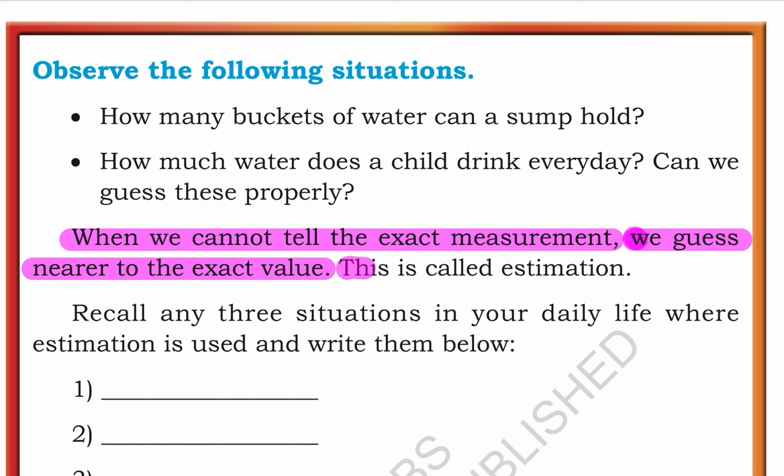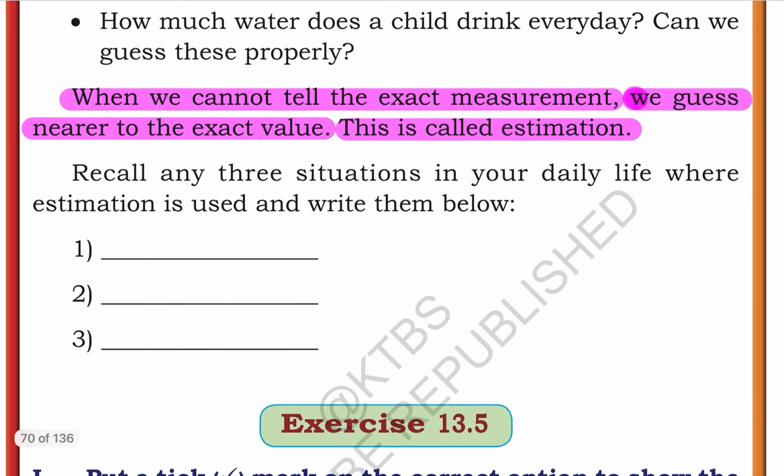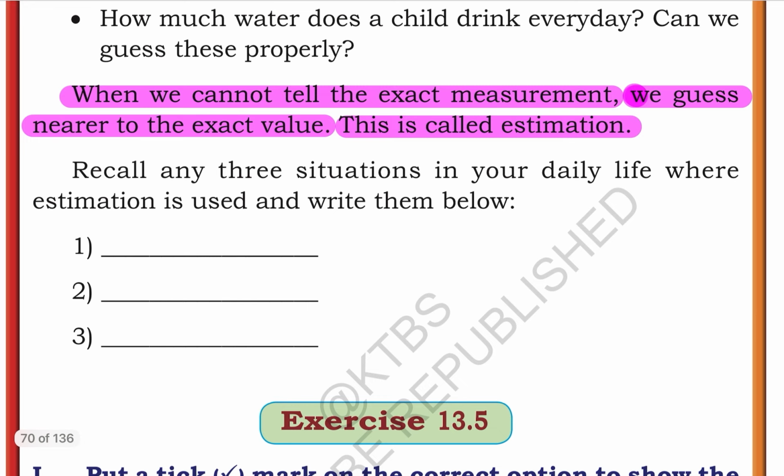This is called estimation. This is the definition of estimation. Okay. Recall any 3 situations in your daily life where estimation is used and write them below. You have to do it by yourself. You think in your daily life and mention any 3 of them. Or else you go through this chapter in your textbook, you can get the answers here itself, right?